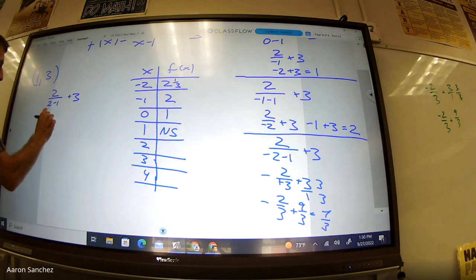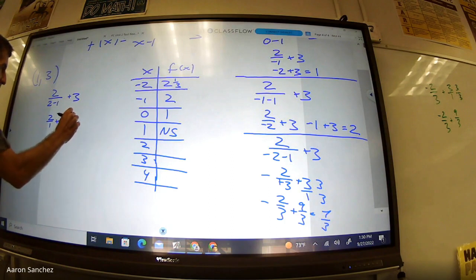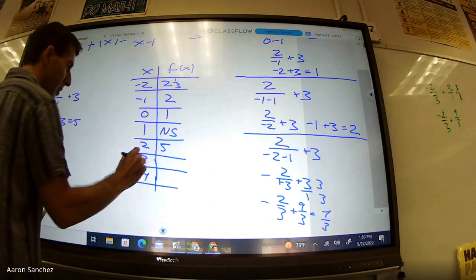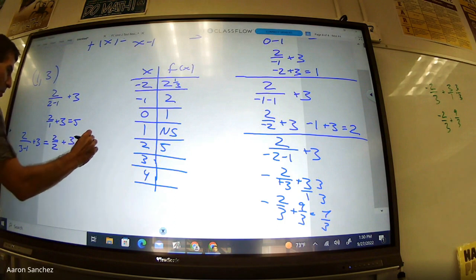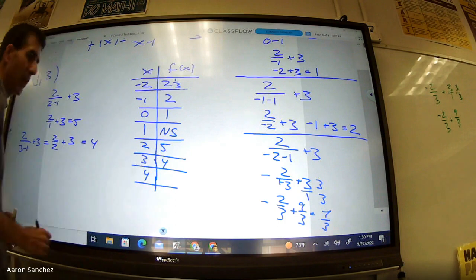So 2 over 1 plus 3 is 2 plus 3 is 5. So here I get 5. And then I get 2 over 3 minus 1 plus 3, which is 3 minus 1 is 2. 2 over 2 plus 3 is 1 plus 3 is 4. So I get 4 there.